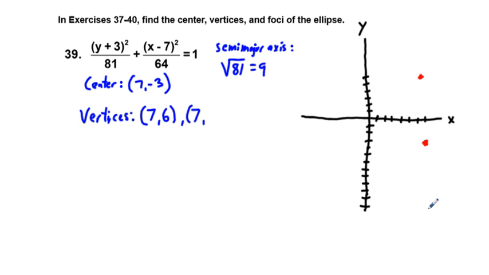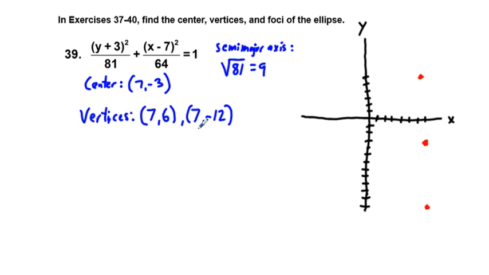And so that'll be negative 3 minus 9, or negative 12. Okay, so here we go, negative 12. So that's going to be our vertices.